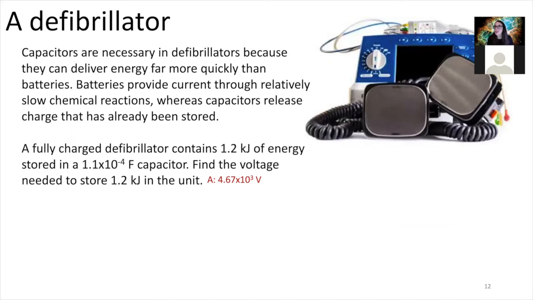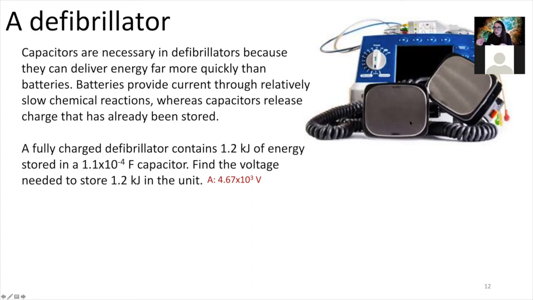And if you don't know what a defibrillator does, you've got this device here, there's a capacitor in there. It has been fully charged, and we've got these little paddles here. These essentially act as parallel plates that you put on somebody's body, and you discharge the capacitor in that way. So you discharge the potential across the plates.